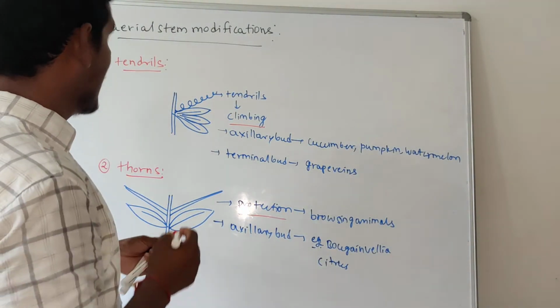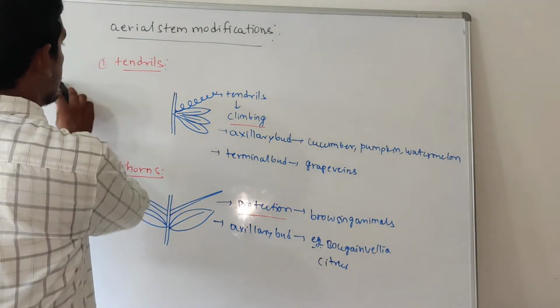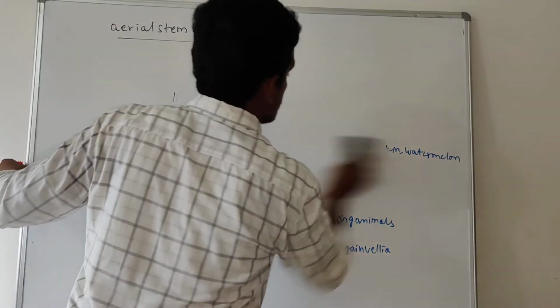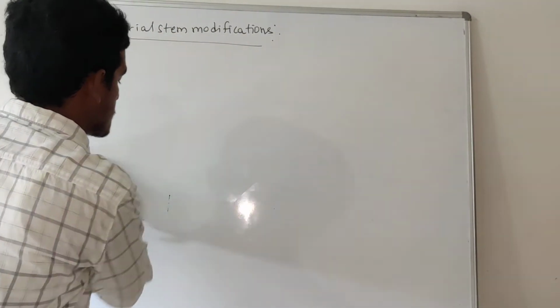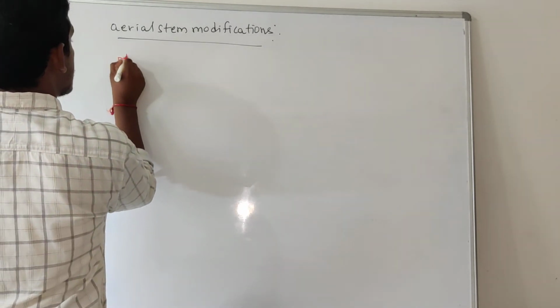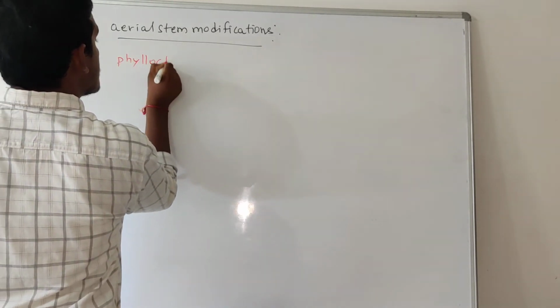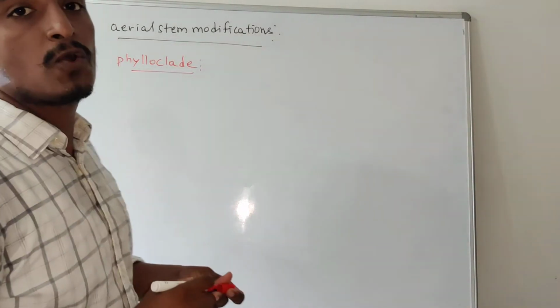So the next aerial stem modification is phylloclade. What about phylloclade?